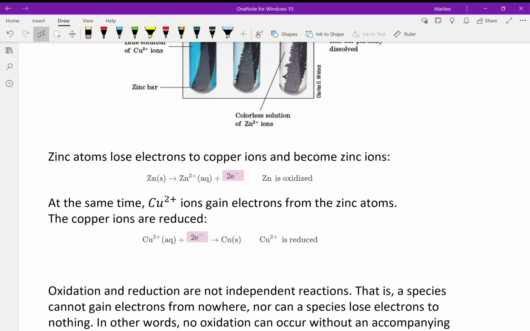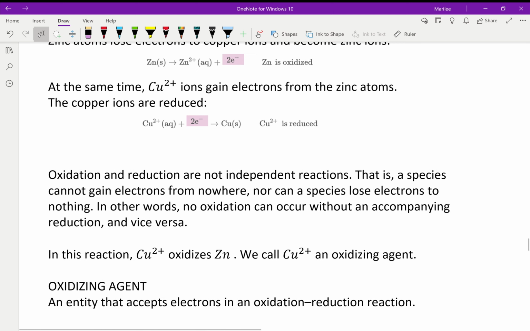That's when we see the blue solution turning into the clear solution. So oxidation and reduction are not independent reactions, right? A species cannot gain electrons from nowhere, nor can it lose electrons to nothing. So no oxidation can occur without reduction, and vice versa.